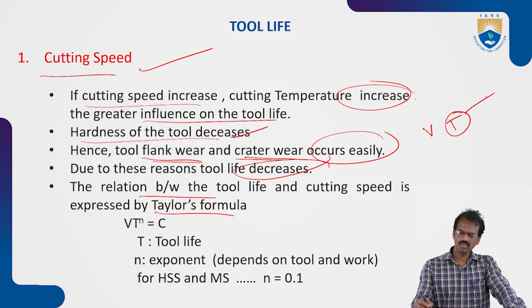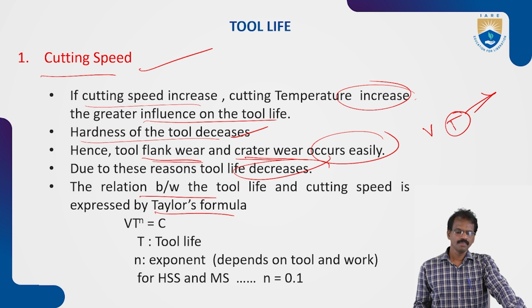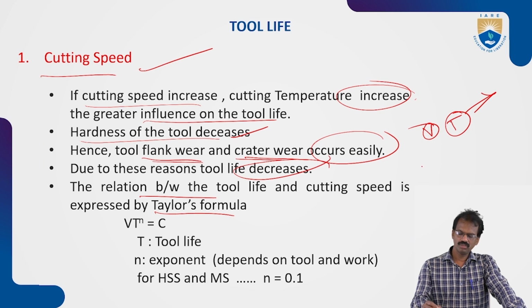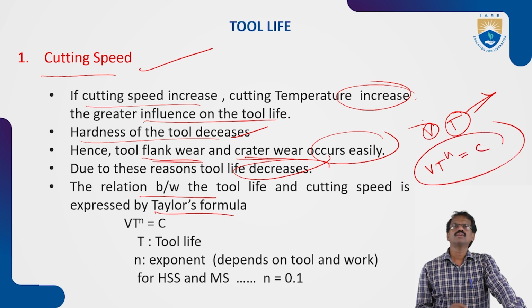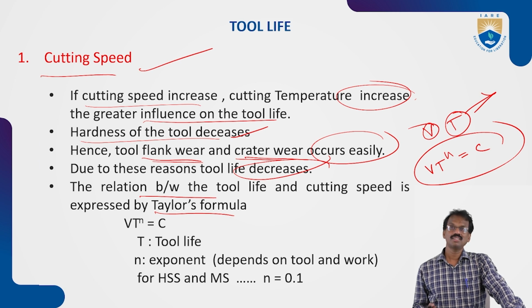T shows the tool life and V is the cutting speed. According to Taylor, the formula is V T to the power of n is equal to C. Here n is an exponent, which depends upon the tool and workpiece materials.